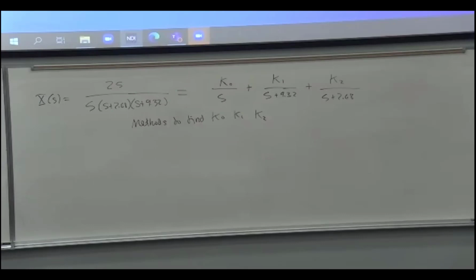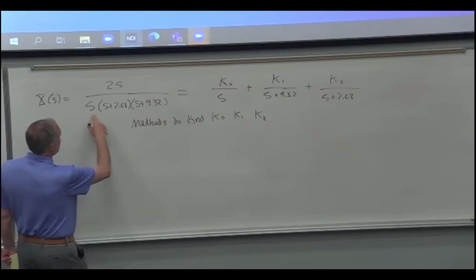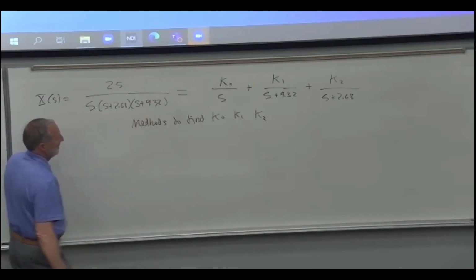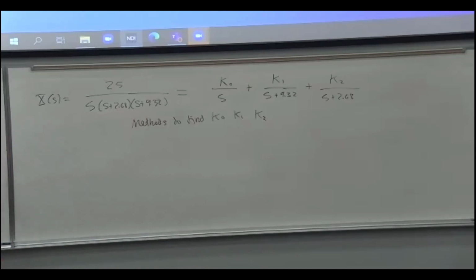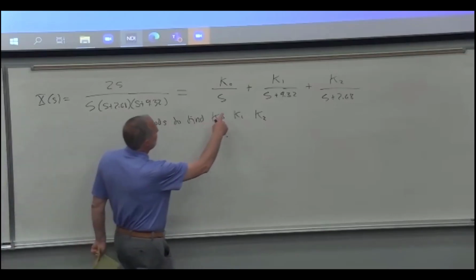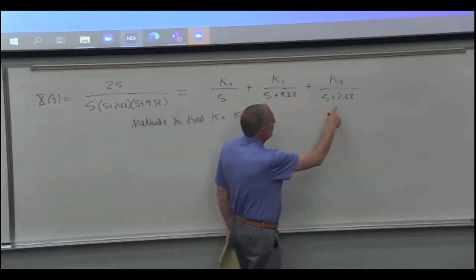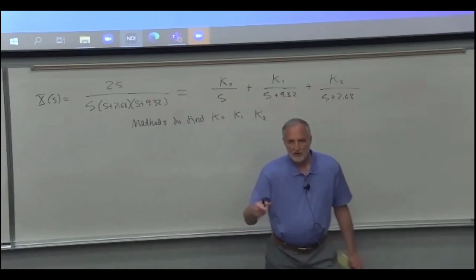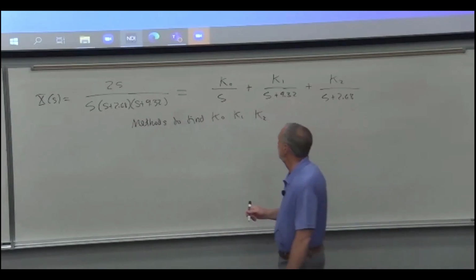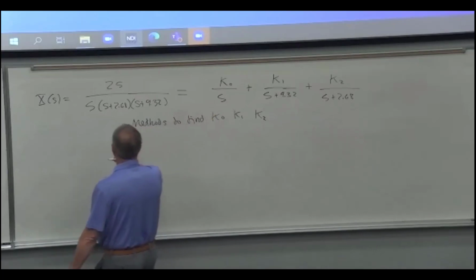One method is to simply multiply both sides by this entire bottom, and then equate equal powers of s. And we'll do that later, but there's a quick and easy way if you have these real simple roots that are not repeated.